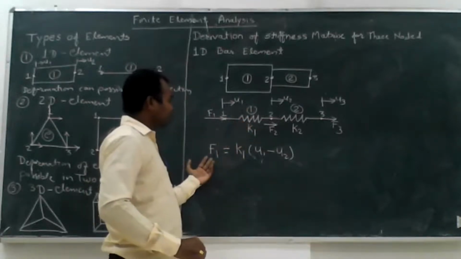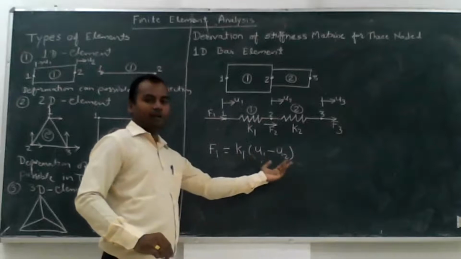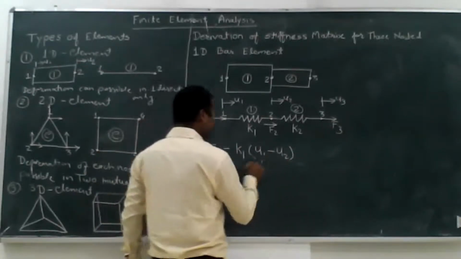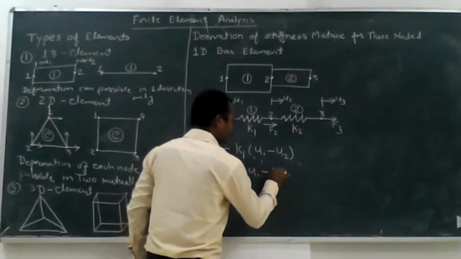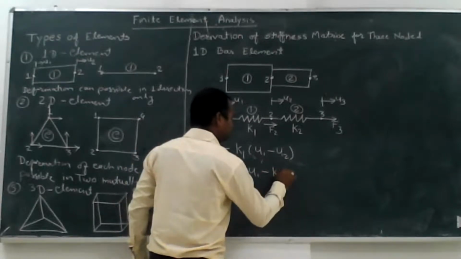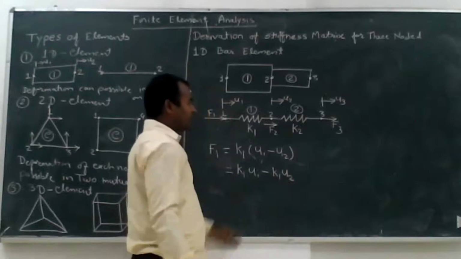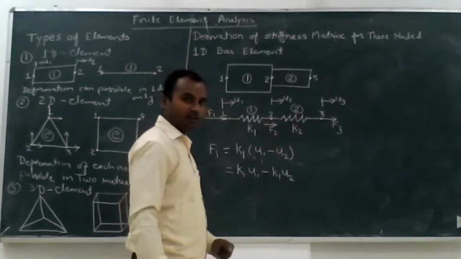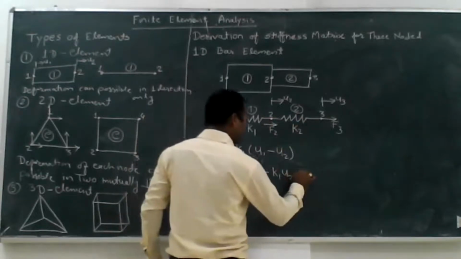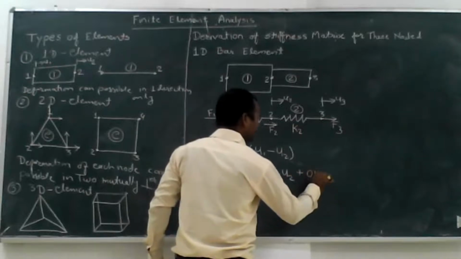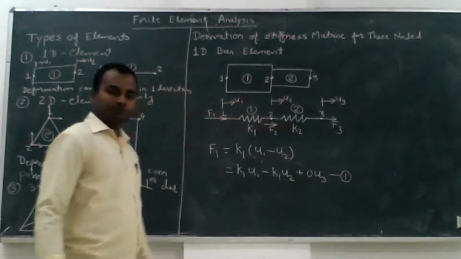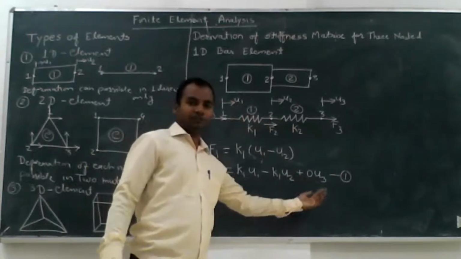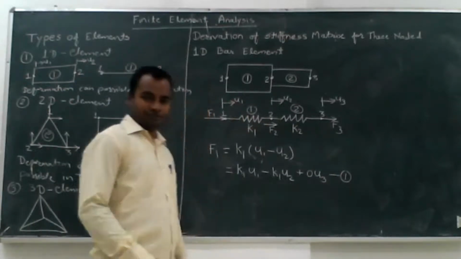Therefore F1 will be K1 U1 minus K1 U2. As there are 3 nodes, I write here plus 0 U3. This is equation number 1. The 0 U3 is just to understand how to prepare the matrix.